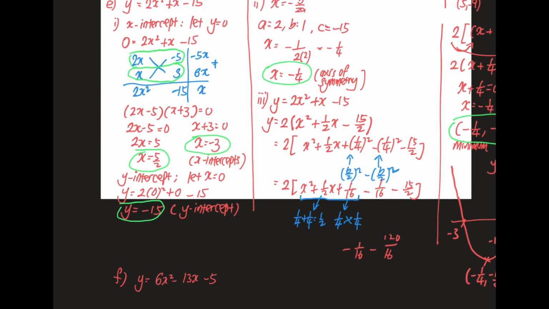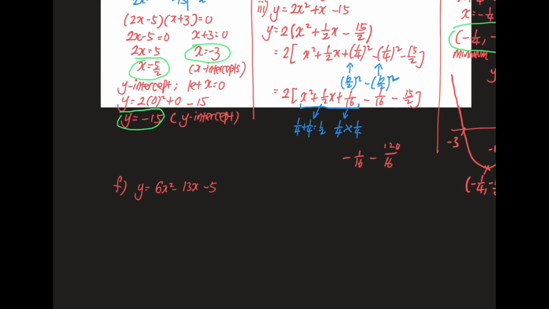So this is question F. Now what to do is the x-intercept. So we let y equal to 0: 0 equal to 6x squared minus 13x minus 5. So we have to factorize this.